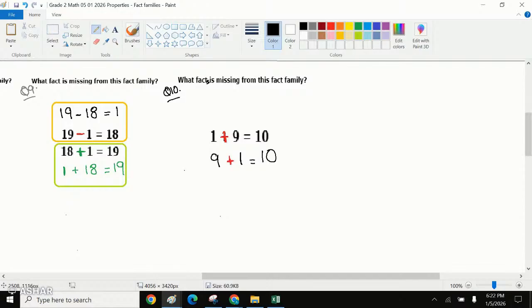So the subtraction statement should be the other way around. That would be 10 minus 9 was equals to 1. Agreed? 10 minus 9 is 1. Thank you, May, for your answer.